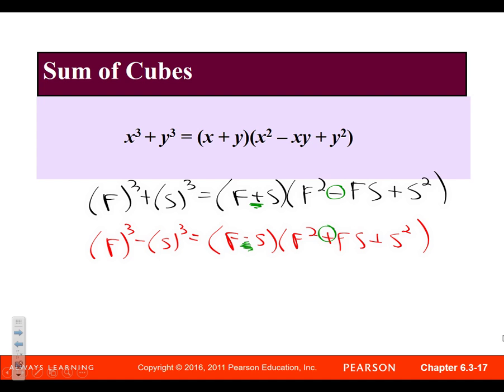Cool beans? So the only thing that's really changing between the two formulas is this. If you're doing plus, this is a minus. If you're doing minus, then this is a plus. And at the end, it's always going to be addition. Okay? Cool?